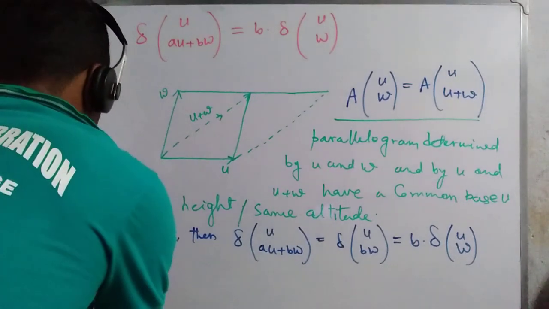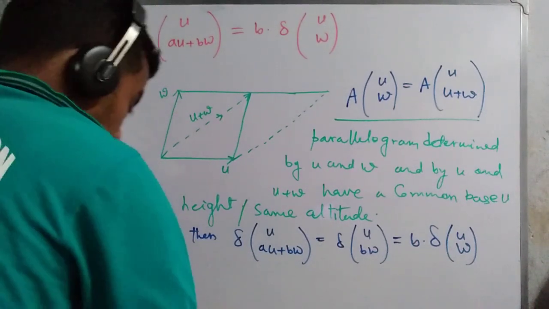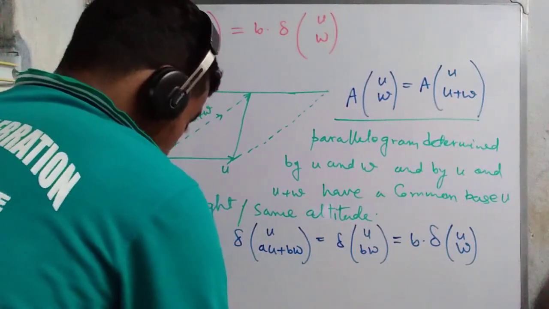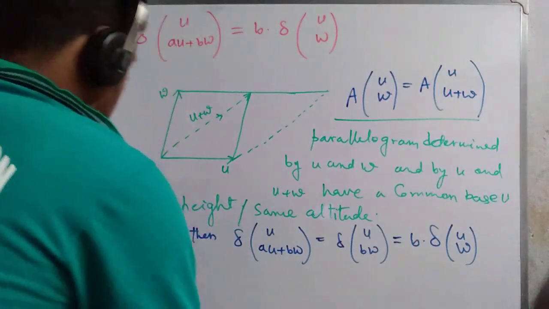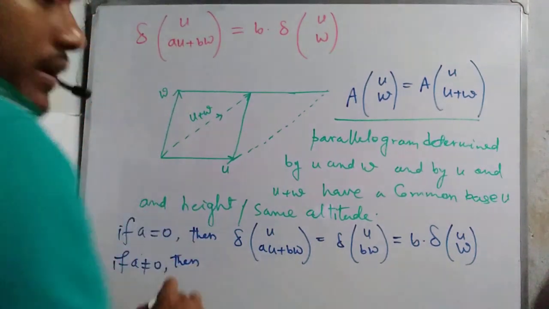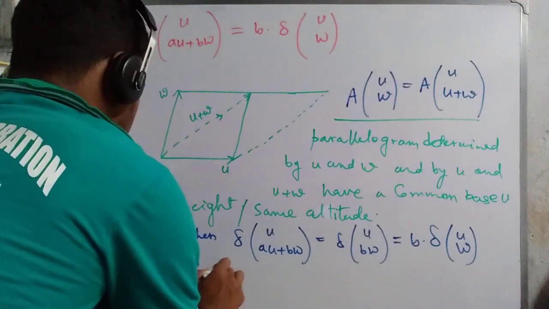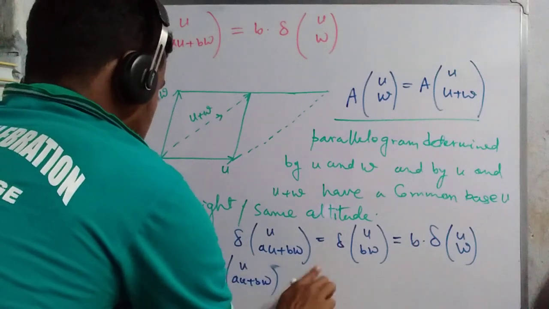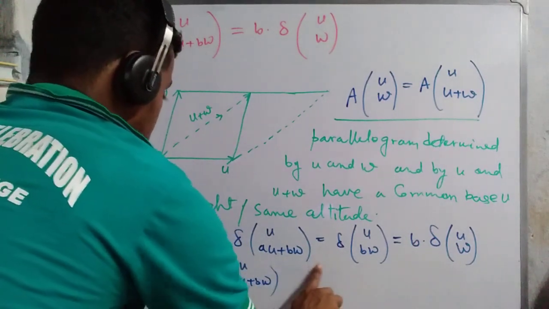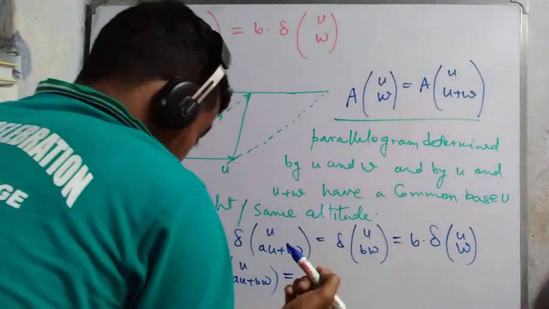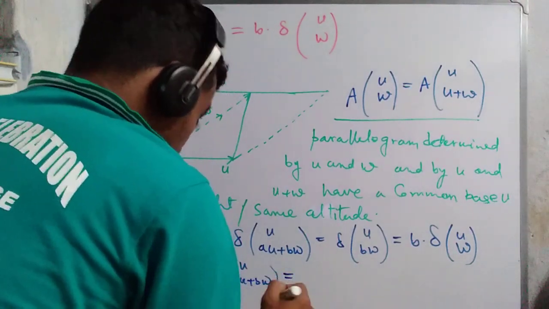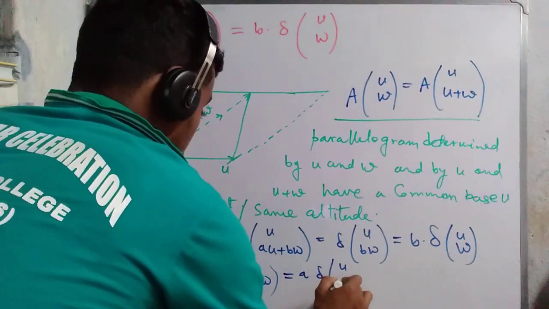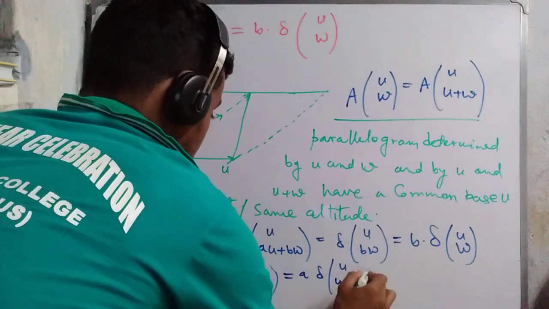Now if a not equal to 0, then what happened? Then we write it in this way. This one, delta u, a u plus b w, equals a common: delta u, plus u here b by a.